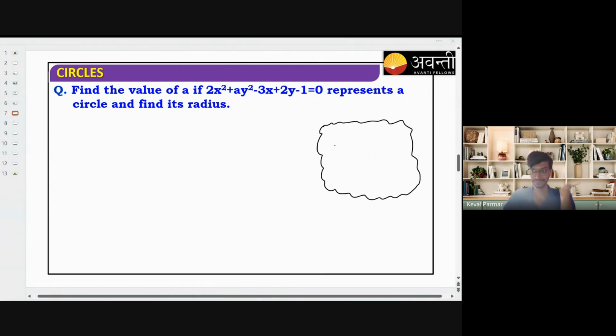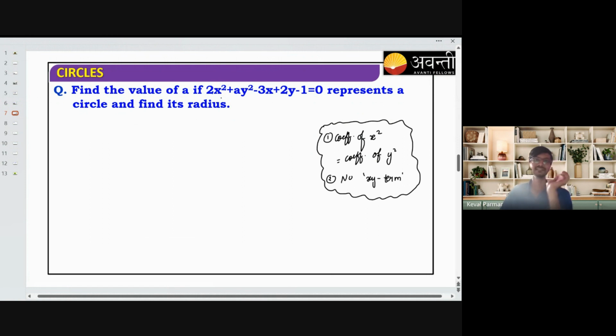First, the coefficient of x square should be equal to the coefficient of y square. And second, there should be no xy term.